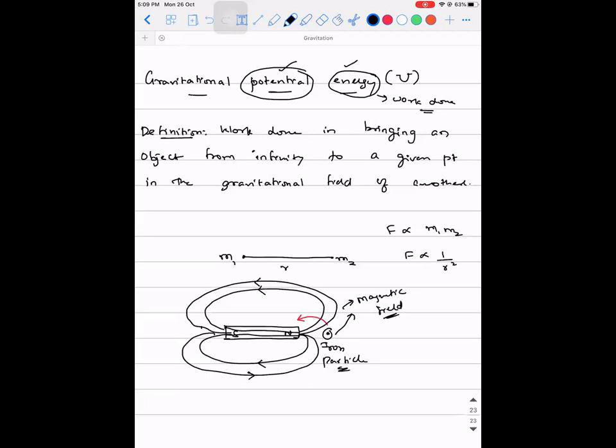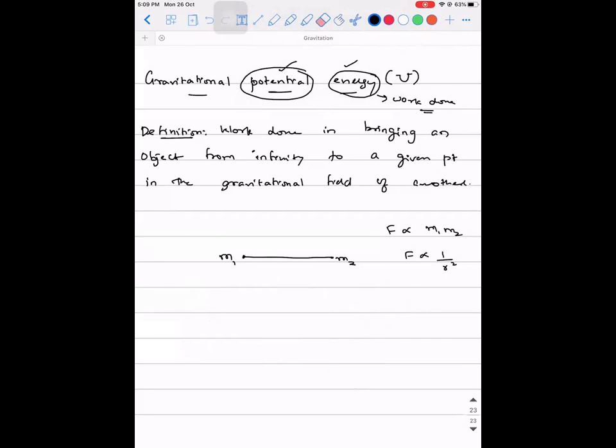In a similar way, instead of talking about bar magnet, I'm just creating a similarity, okay? So wherever there is a mass present, okay, listen to it. Wherever there is a mass present, around this mass, there will be an imaginary region which is called gravitational field.